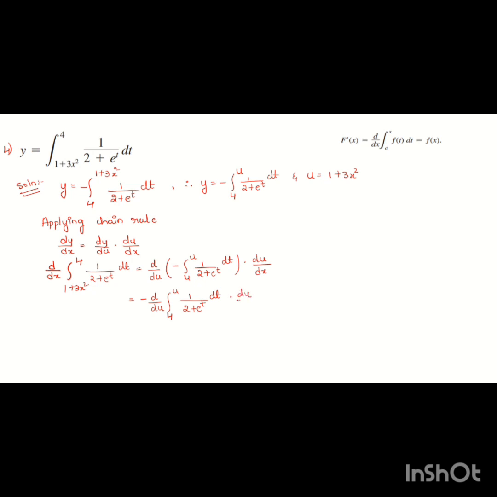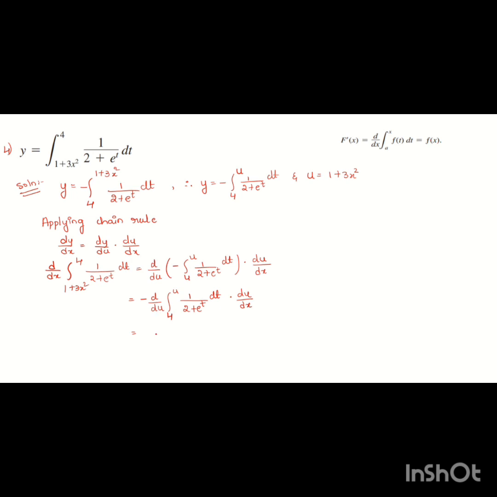Now you can compare this with d/dx of the integral from a to x, here from 4 to u, of 1 over 2 plus e power t as f of t, which will give you the value f of x. If you have d/dx, the answer will be f of x.